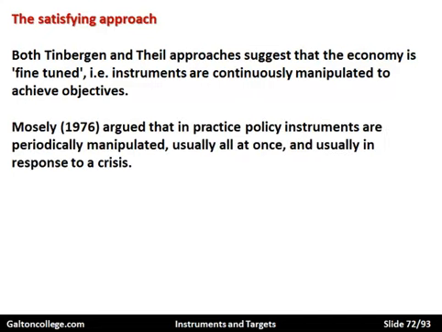Mosley in 1976 argued that in practice policy instruments are periodically manipulated, usually all at once and usually in response to a crisis. So when a crisis arose, then all the fine tuning, of course, would vanish, and the government would have to take immediate remedial action. And sometimes economies were knocked off because of what's known as exogenous shocks.